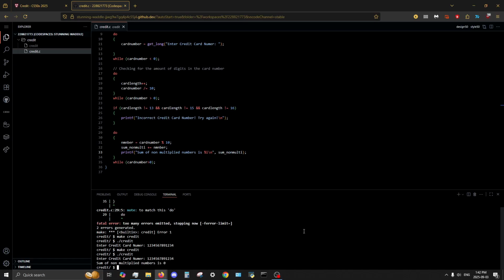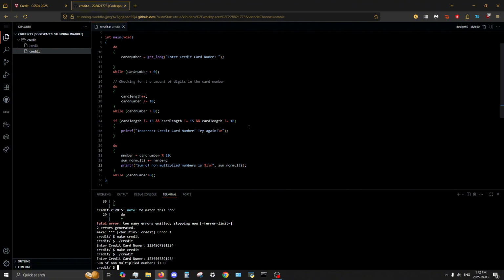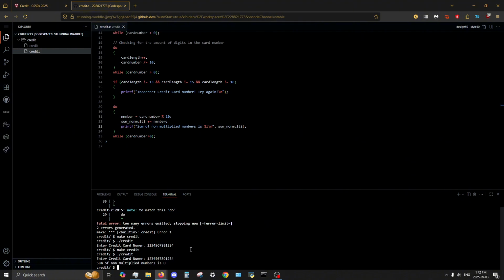Ooh, sum of the multi is 0. Why is it 0? It's not supposed to be 0. It's supposed to be 4 plus 2 plus 9 plus 7 plus 5 plus 3 plus 1.